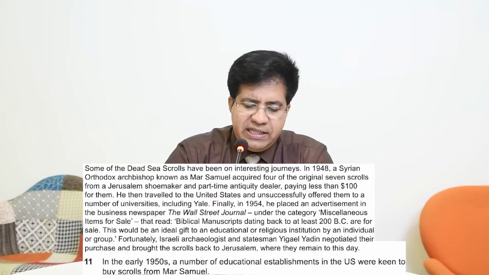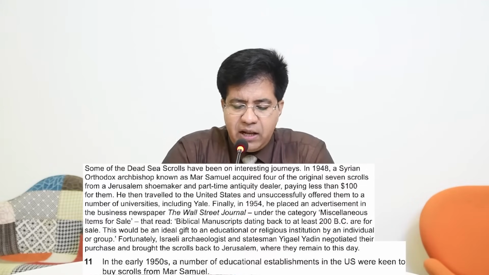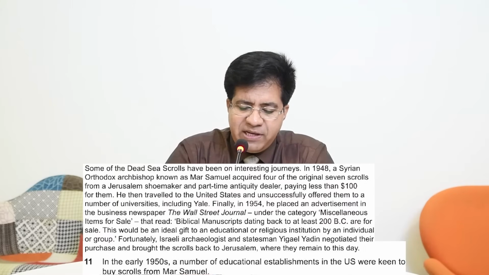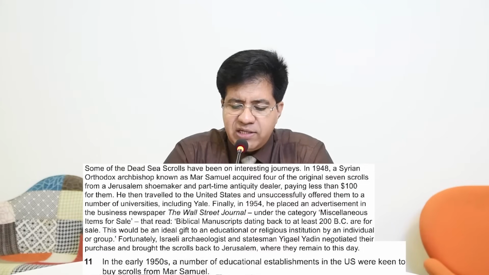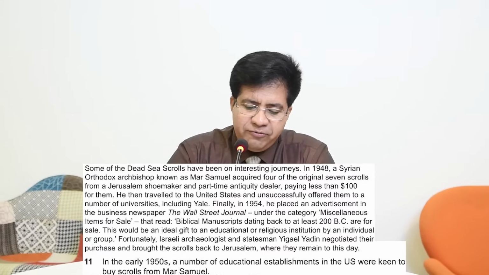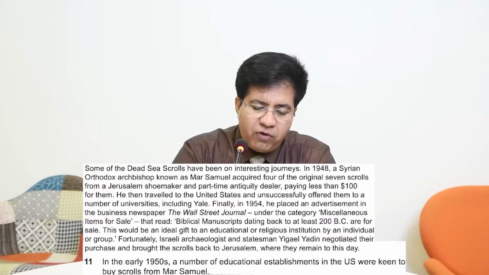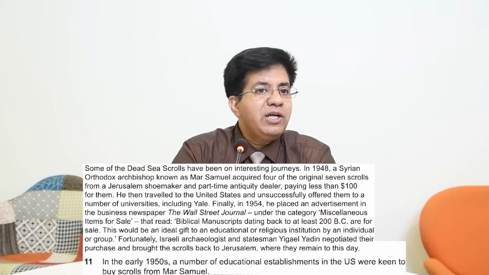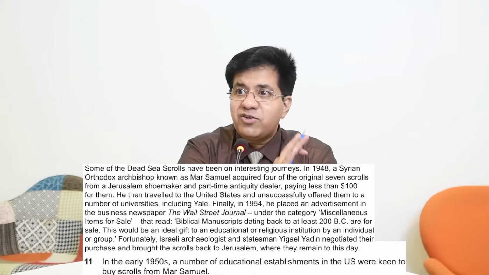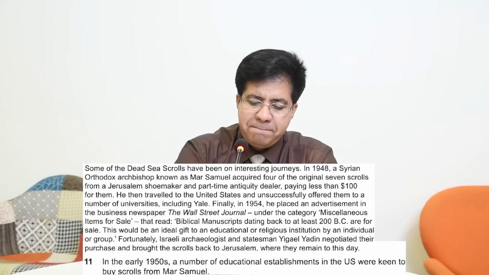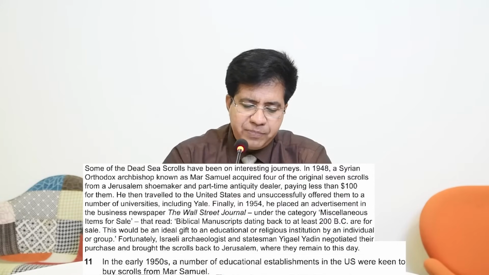In the early 1950s, a number of educational establishments, underline educational establishments, that means schools, colleges, universities, in the US were keen to buy scrolls from Mar Samuel. Keen to means they were very interested to buy scrolls from Mar Samuel. Now please come back.